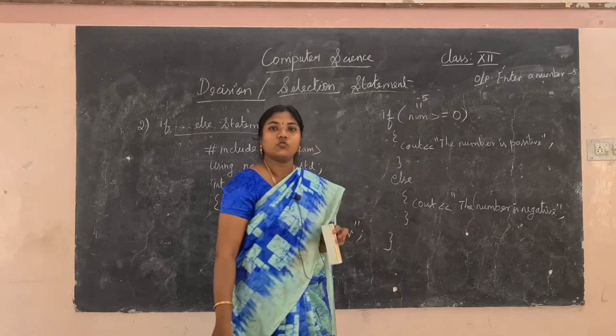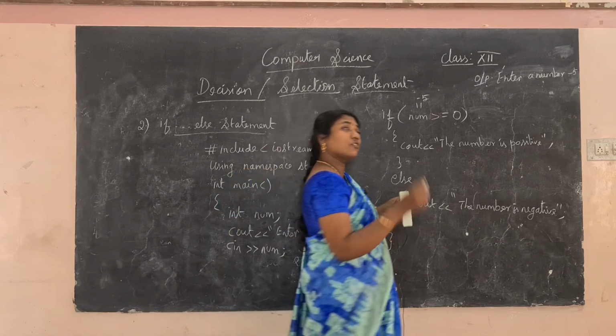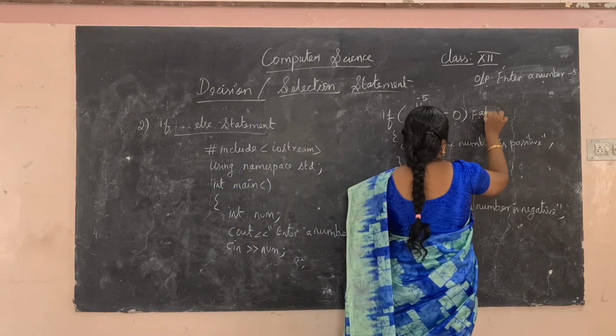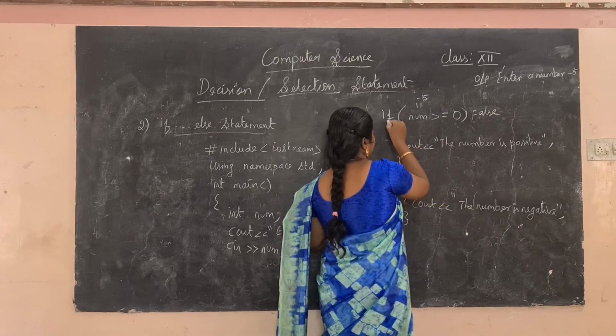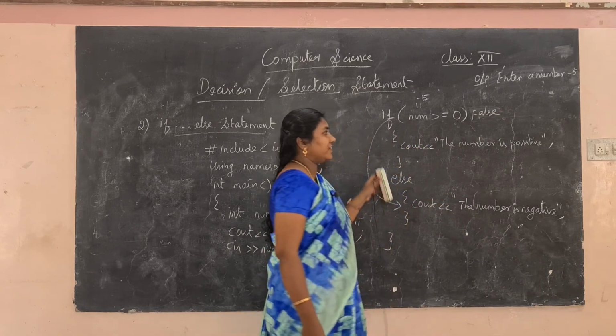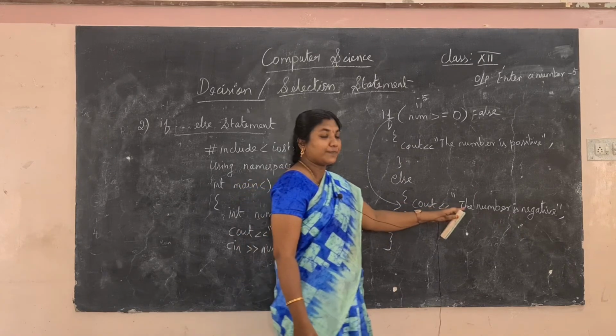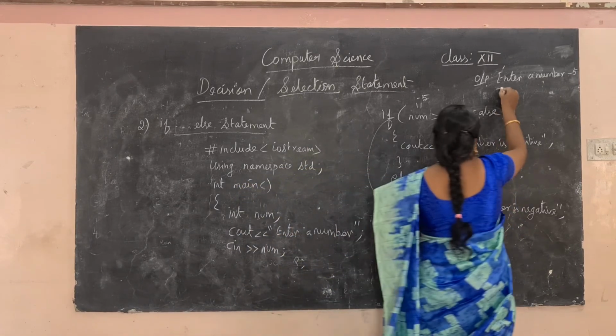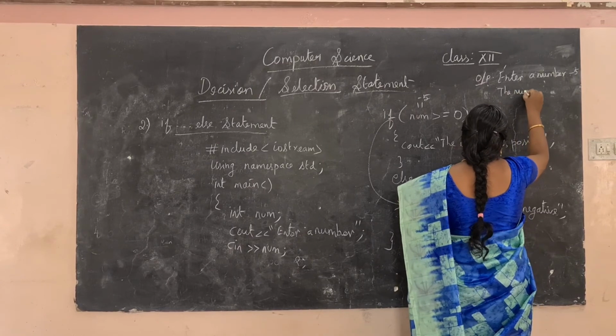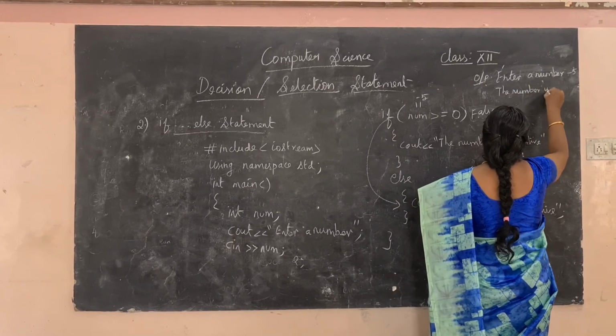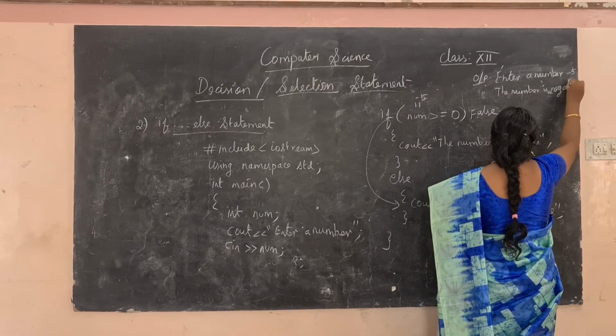Whether the condition is true or false, the condition is false. So what will happen? It will come to the else part. If the condition is false, it will come to the else part. In the else part I have asked to print the number is negative. So my output will be: the number is negative.